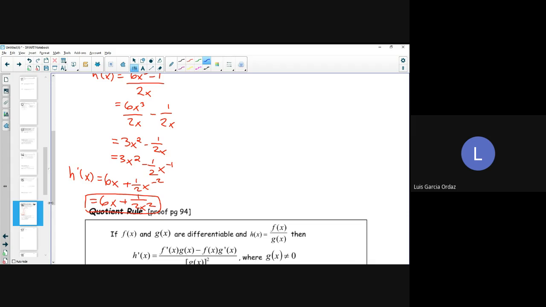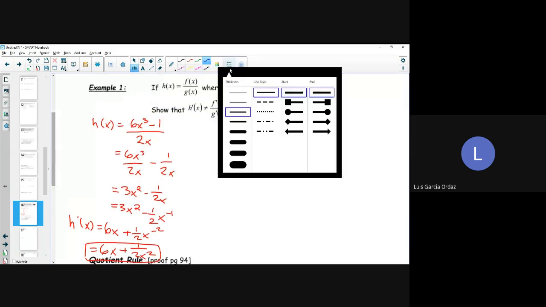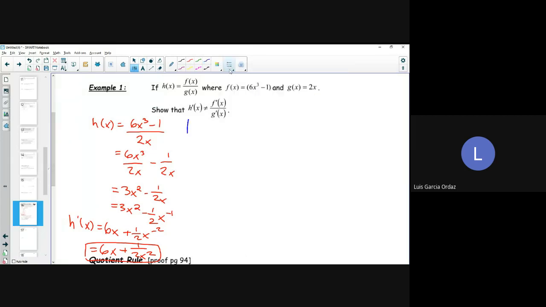Now we're going to do it the other way, where we do each of them separately and combine them as a fraction. So we're going to take f prime of x over g prime of x.